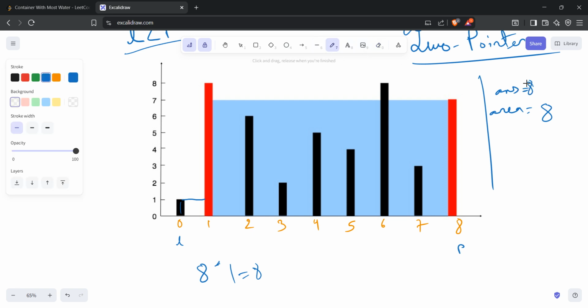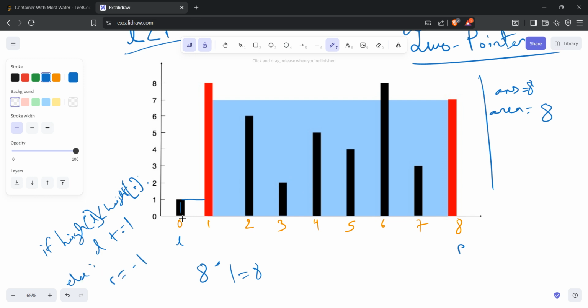Now we have to move either L or R. We move on the basis of this condition: if height of L is less than height of R, we move L, and in the other condition we move R to the left.